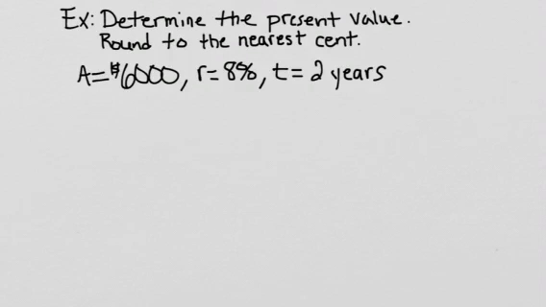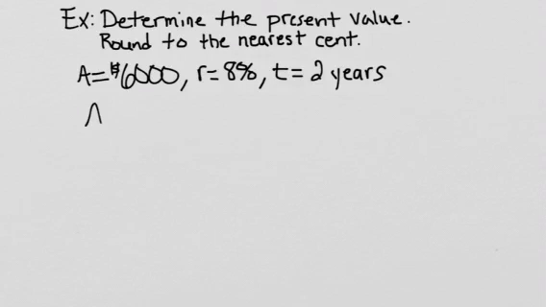All right, now in this example, we want to determine the present value. So now we're looking for that P, the initial amount, either how much we lend out or how much we borrow, that's going to give us back a value of $6,000 at the rate of 8% for a total of 2 years. And so again, we're going to use the same future value formula.